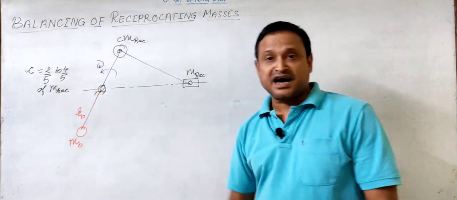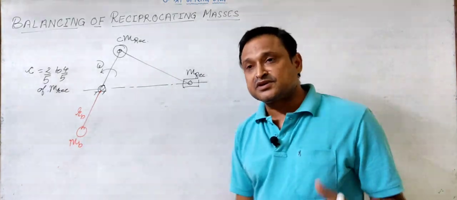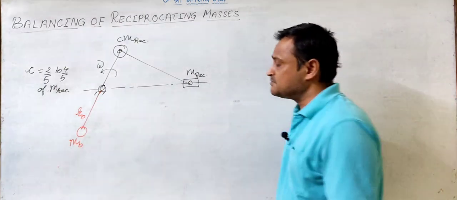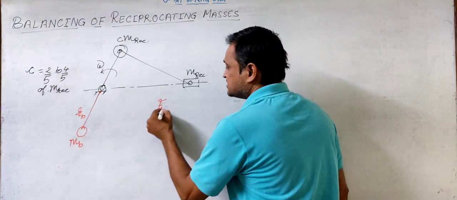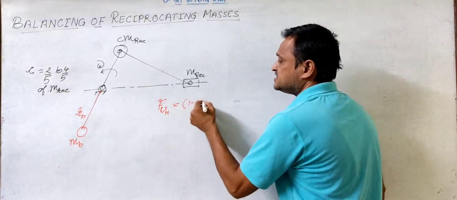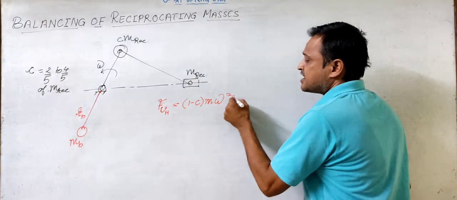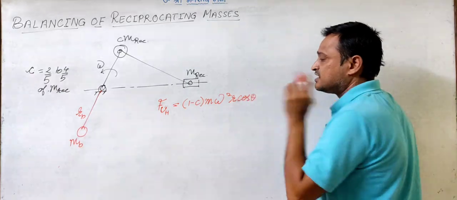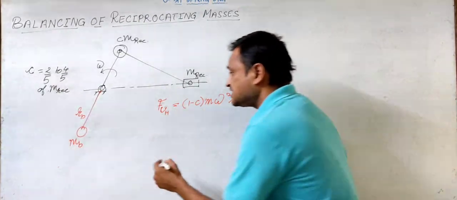Now, when it is partial, that means there is partial unbalance or residual unbalance in the system. And what is its magnitude? In the horizontal direction, the unbalance is (1 minus C) times m omega square r cos theta. And what will be the unbalance in the vertical direction?